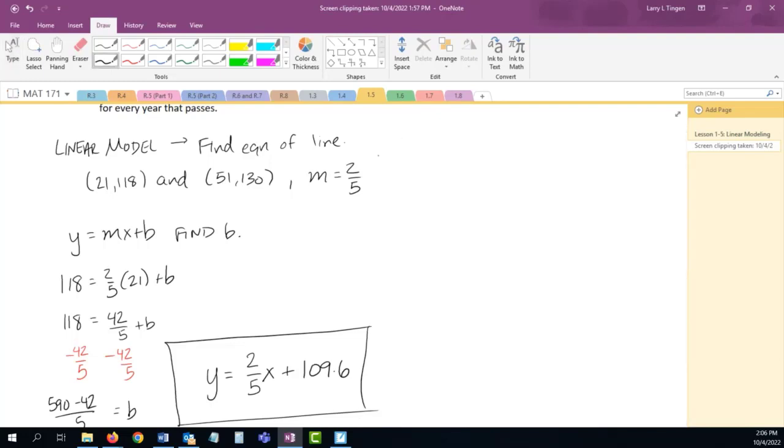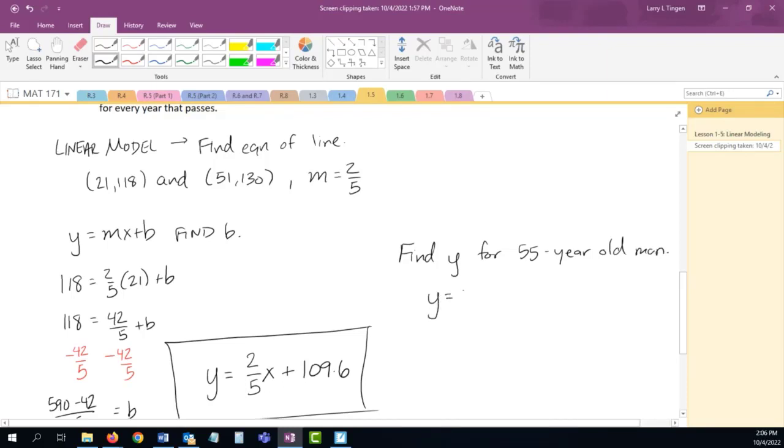I found the slope, I've got this, and then they've asked us to find y for a 55-year-old man. Okay, well that means what?